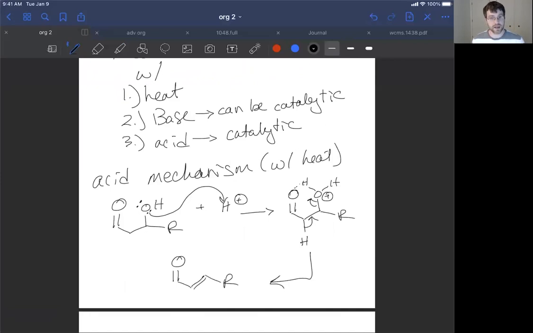We put the H on the OH, it's already a good leaving group. The H at the alpha position that needs to be lost anyway is already acidic, so that falls off. What we get is H2O plus our product plus the H+ that just fell off. This is another example of an acid catalyzed process where the H+ we put into the reaction isn't the H+ we get out, but it's still regenerated over the course of the reaction. So IUPAC says it's still a catalytic process.